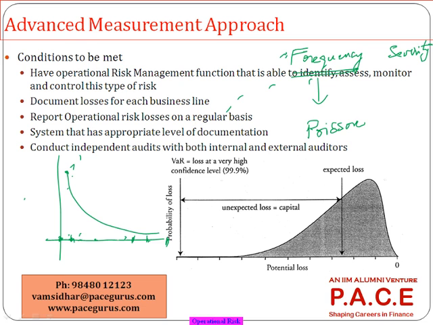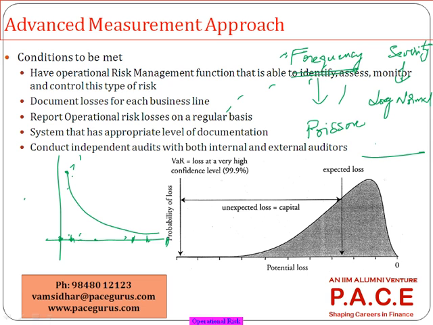During a specific period, let's say a month, the chance of a small number of losses is very high, and the chance of a higher number of losses is very, very low. So people felt that a Poisson distribution is a very good fit to model the number of losses during a specific period. And to model the severity, they generally depend on the log normal distribution, because we have seen the shape of it earlier.